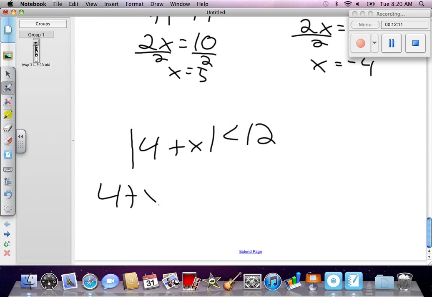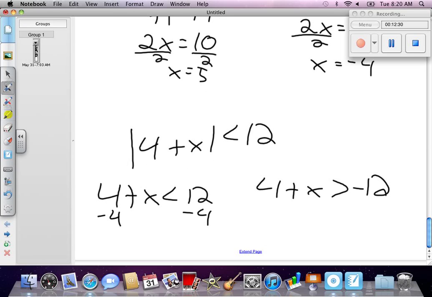So I would make 2 inequalities. 4 plus x is less than 12, and 4 plus x is greater than negative 12. Now what would I do to get x by itself, Nika? Subtract 4. So x is less than 8. Subtract 4, subtract 4. X is greater than negative 16. So that would be A.